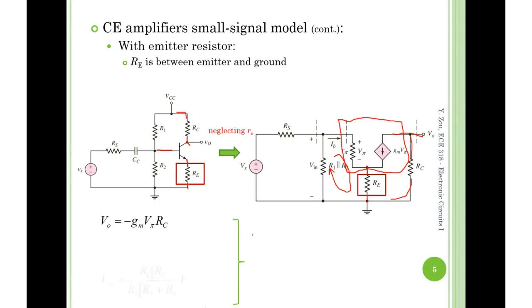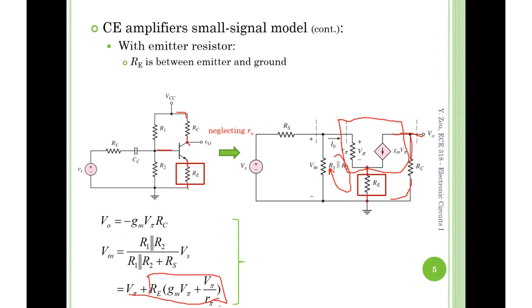And then I'm doing a voltage divider to find VE, and it's further equal to V pi plus VE. So this part is VE. Any questions?